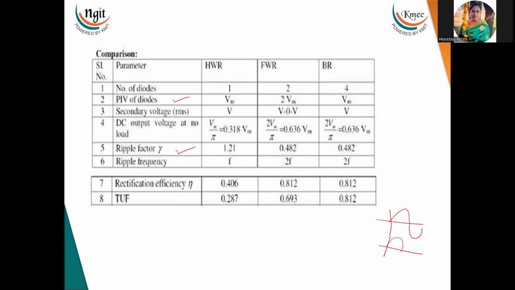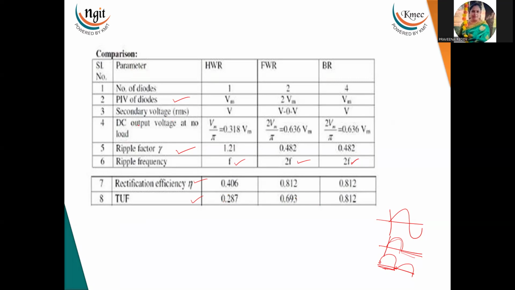In a full wave rectifier the time period is reduced to half, that's why the frequency is 2f, in both the bridge and full wave. In half wave, the time period is the same as the input, so the frequency is also the same. Efficiency also we have calculated for the three, and TUF value is also calculated. So this is the comparison table.